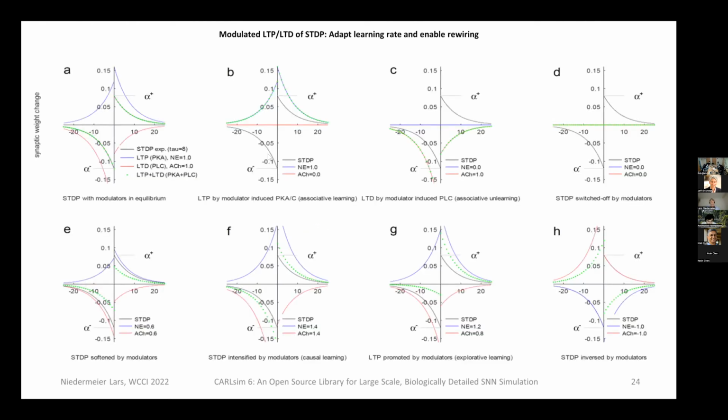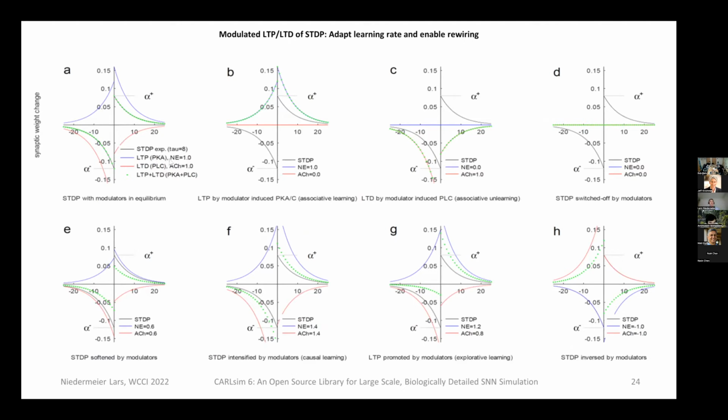You can implement certain aspects for adaptive learning, and for instance, you can enable rewiring by providing certain neuromodulation levels.